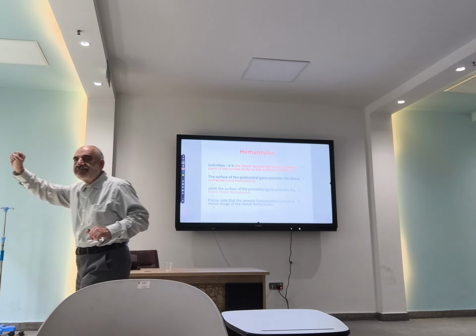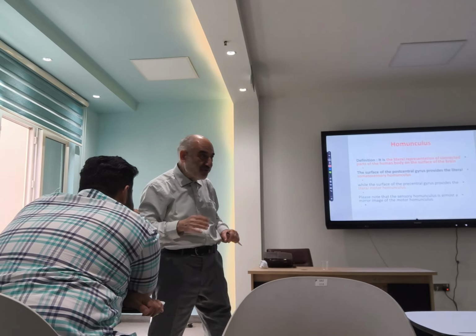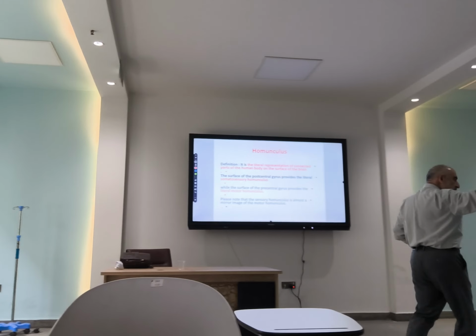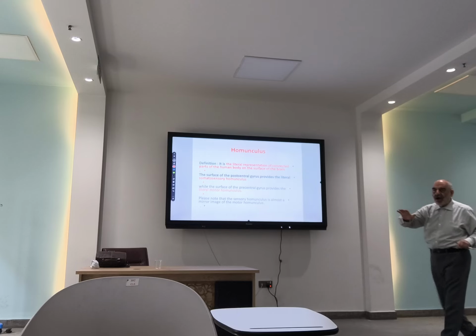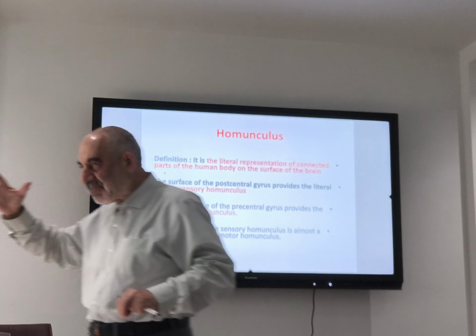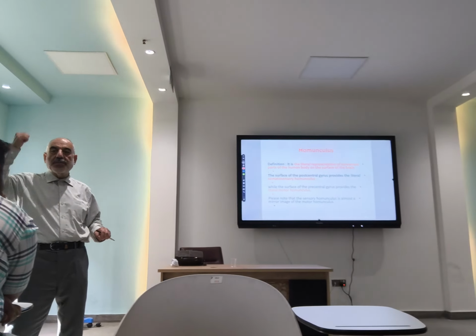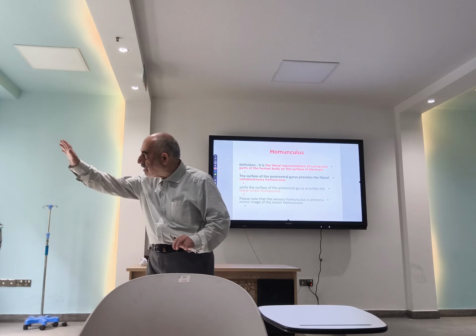For example, the hand is very important, especially for occupation. The occupational therapist works on the hand, and also in physiotherapy. The hand occupies more space in comparison with the other parts of the body, maybe more than one third is related to the hand.